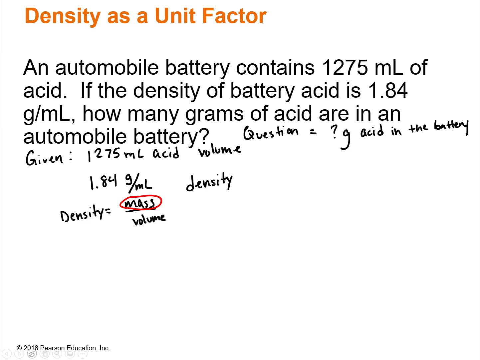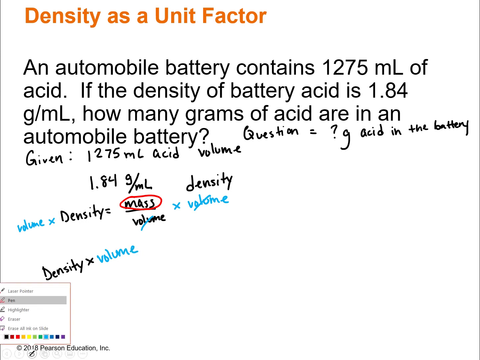Let's do that. Multiply by the volume on each side. That way, we've got density times our volume is equal to mass.